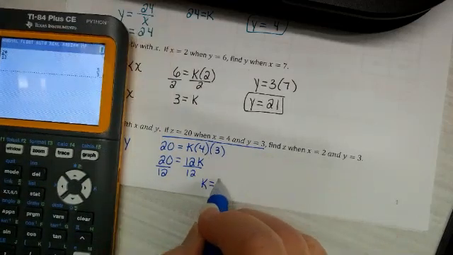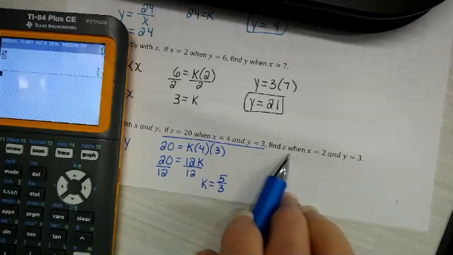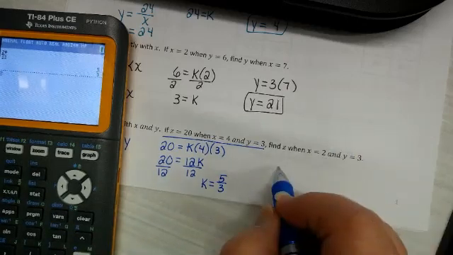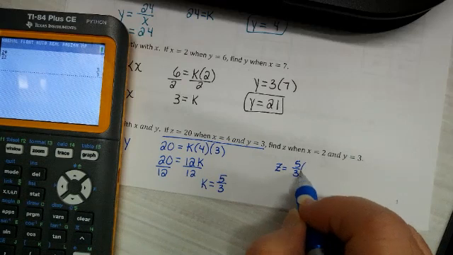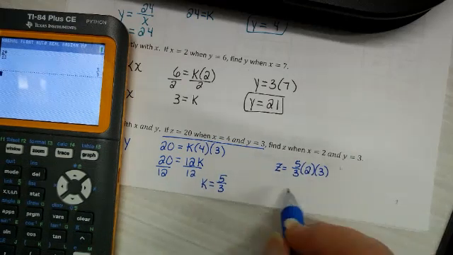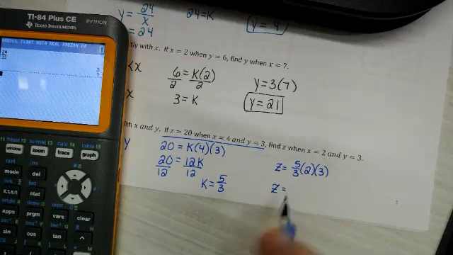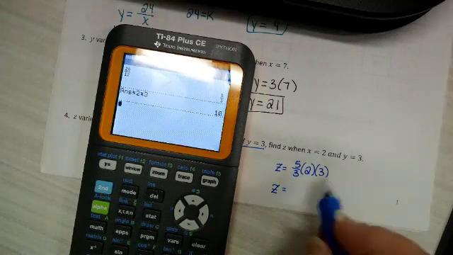So k equals 5/3. So now I'm going to come over to the second half of the question and find z. K was 5/3, x is 2, y is 3. So all I have to do is multiply those together, and I will find out what z is. So 5/3 times 2 times 3 is 10.